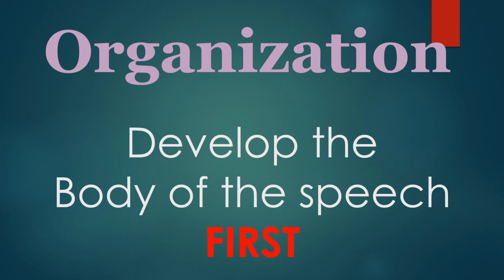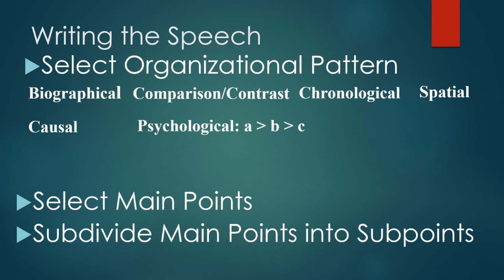There's a variety of ways to organize your speech. On the screen, there's a variety of ways, and you can find in your text points very similar to these. But figure out your points, how much background information you need, and how you should arrange your main points.